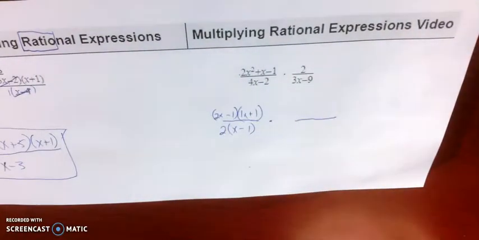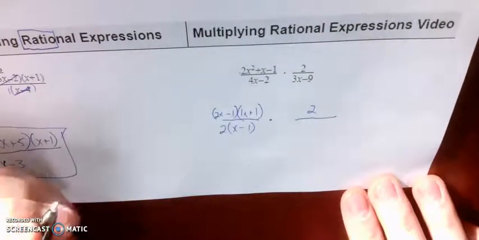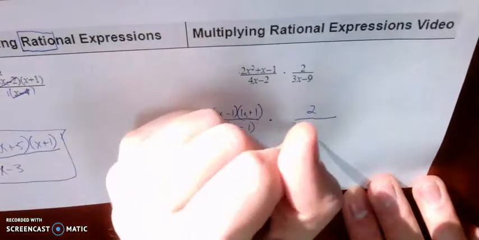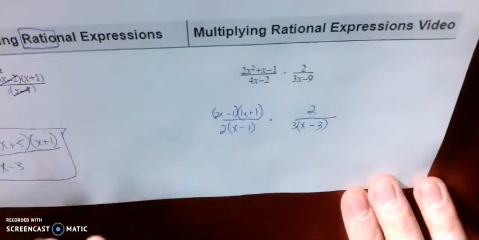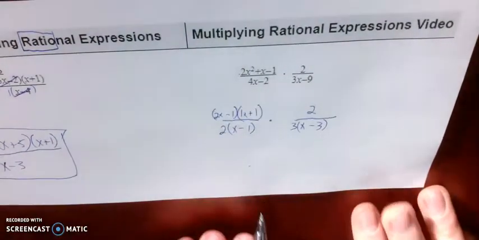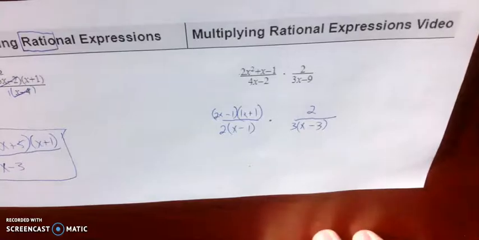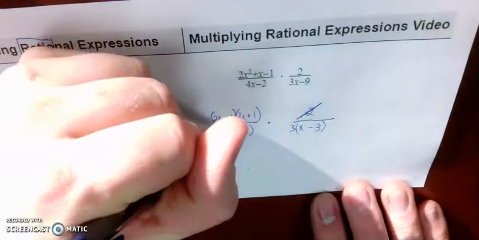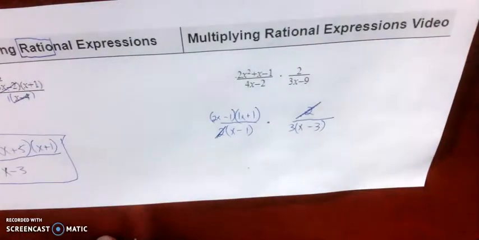Okay, let's see here. I've got a 2 up top, can't really do much with that. Down below I've got a 3, and then this would be an x minus 3. Again, GCF, greatest common factor. Let's see, what can cancel? Well, I've got this 2, it's a standalone 2, and that is a standalone 2.